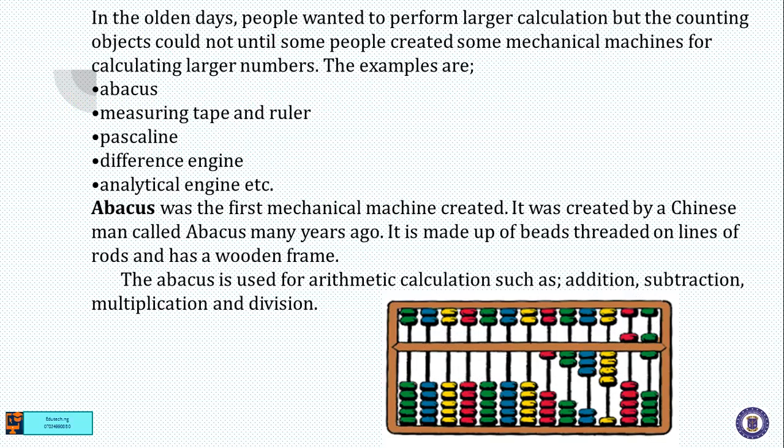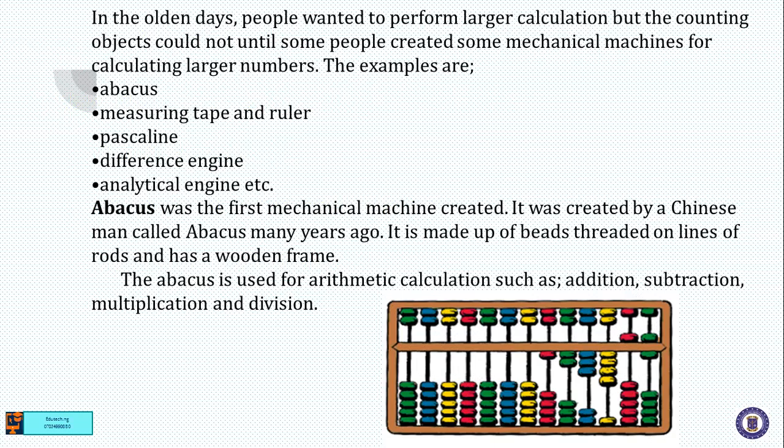Now, this abacus is a machine that is used to do some arithmetic calculations. This abacus was the first mechanical machine created. It was created by a Chinese man called Abacus many years ago.